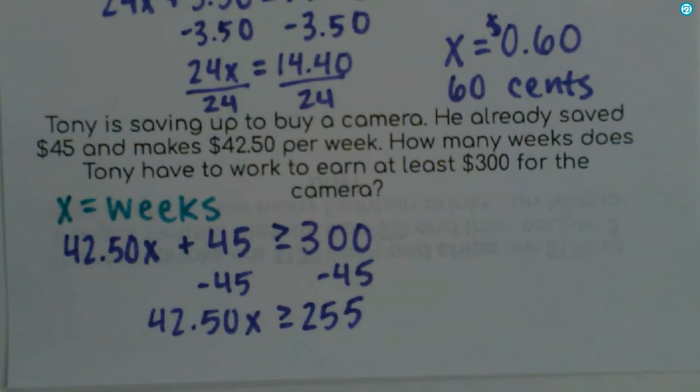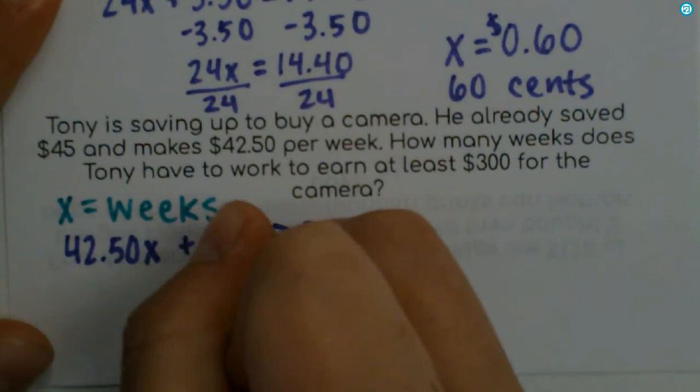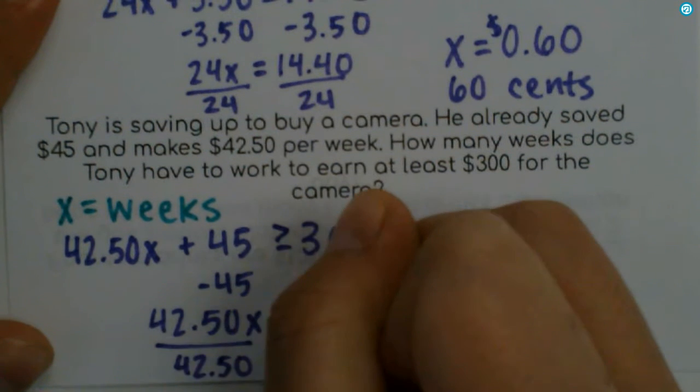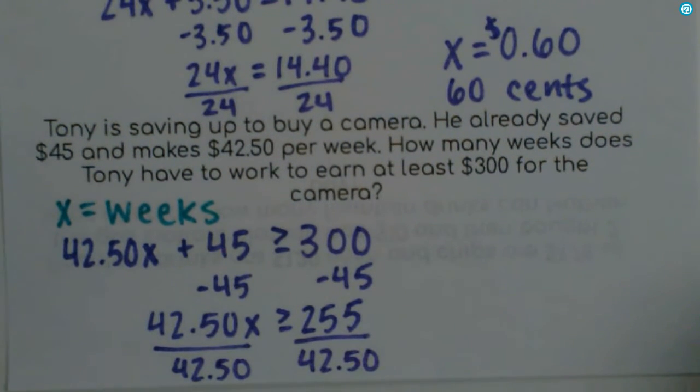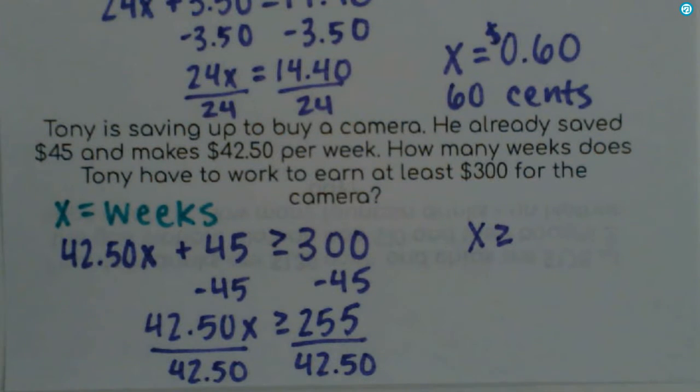Then from there, we divide both sides by 42.5. And we get x is greater than or equal to 6.